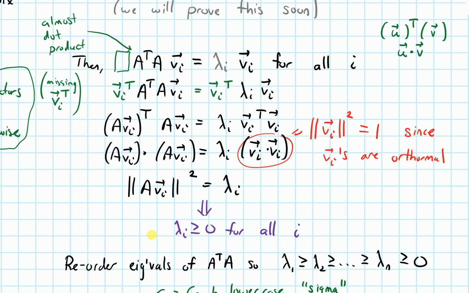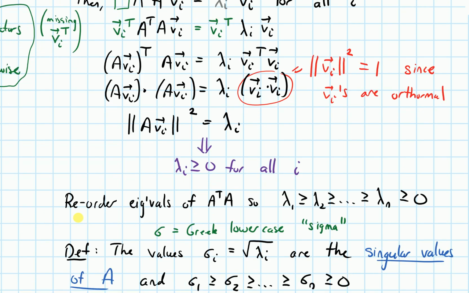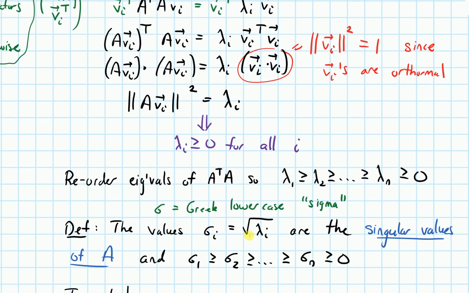All right, so what I want to do now is define what's called a singular value. When we take the square root of these eigenvalues, these lambda_i's, that is what the singular values are. The notation for singular values is the Greek lowercase sigma.